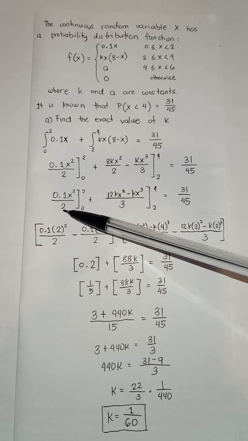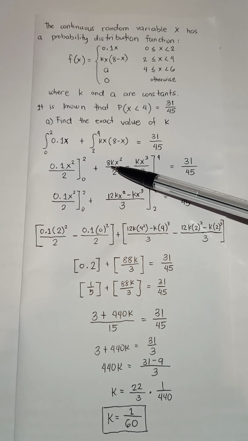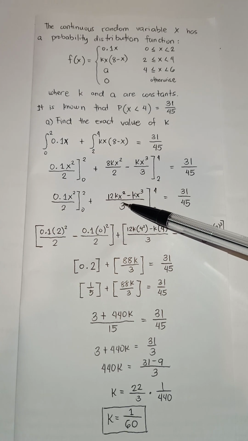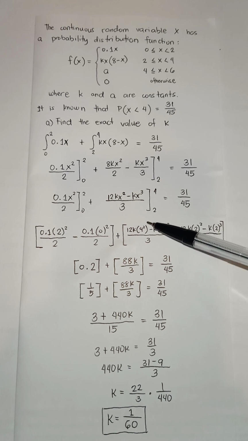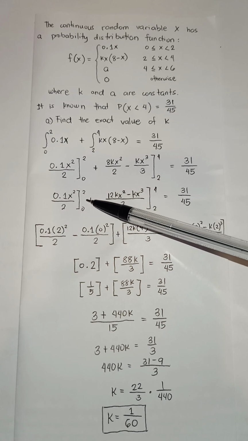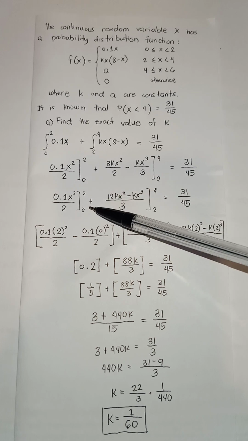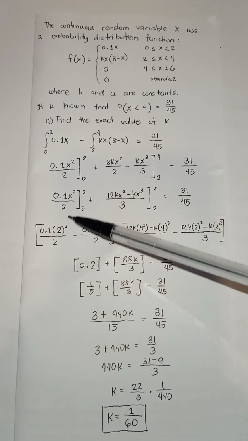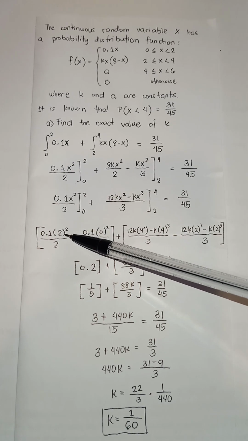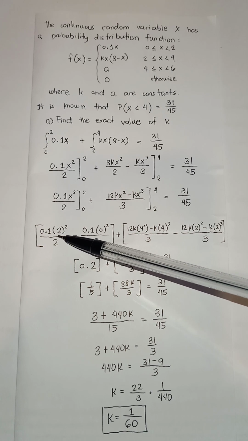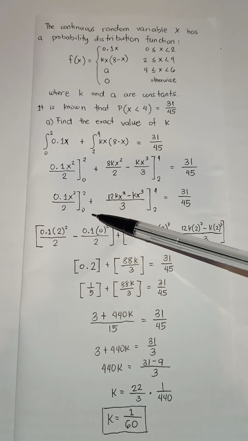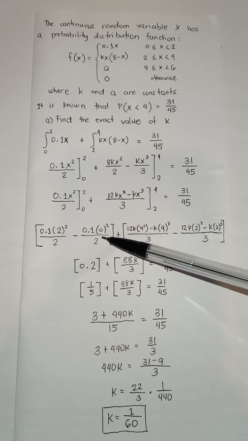Then simplifying, this part becomes 12kx squared minus kx cubed over 3. Then for the definite integral, substitute the limits. So substitute 2 into x squared: 0.1 times 2 squared over 2 minus substituting 0 into x, so this is 0.